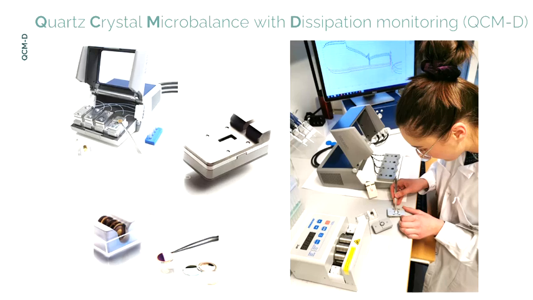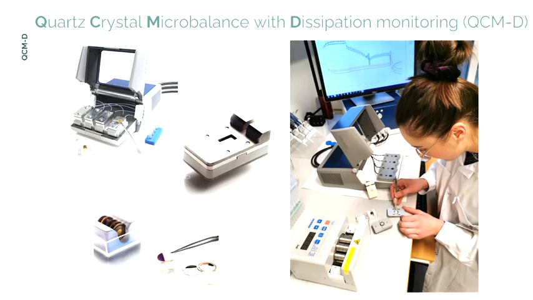Then we place this sensor into the QCMD chamber, and then the chamber is placed into this machine. When we apply an alternating electrical voltage, the sensor starts to oscillate. And when we add cells, and the cells start to deposit or attach to the surface, the frequency changes.